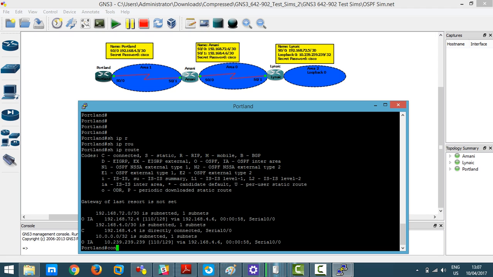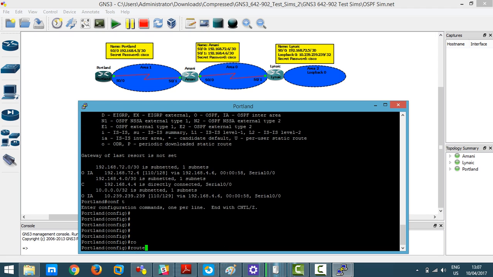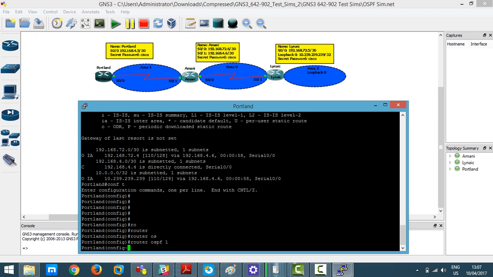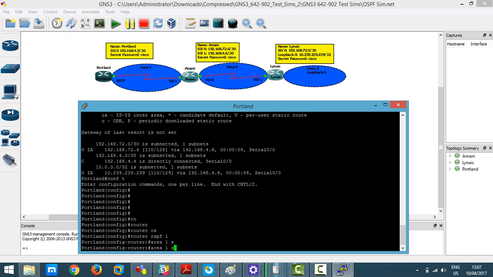Okay, what I'm going to do is configure this router as a stub router. Under OSPF 1, I'm going to configure the area 1 as a stub.